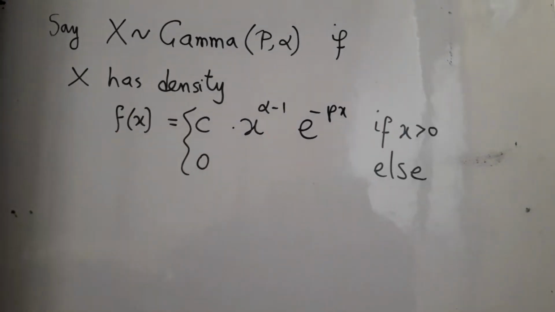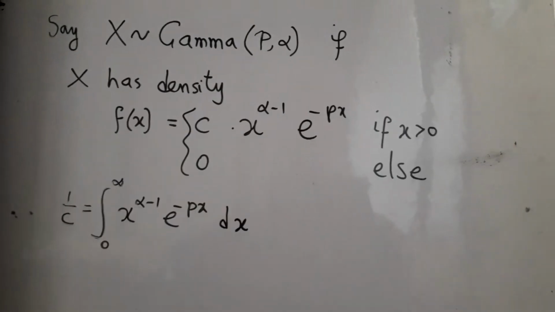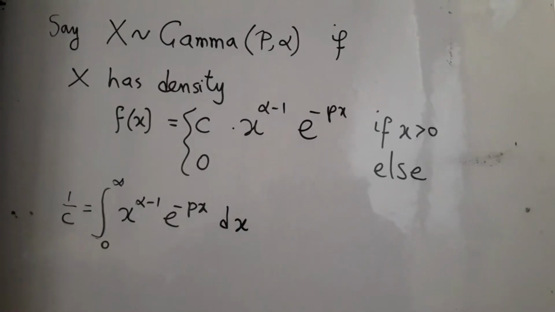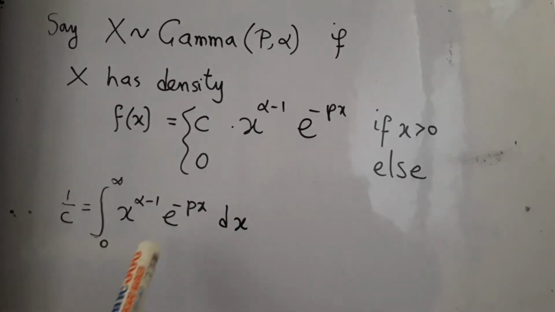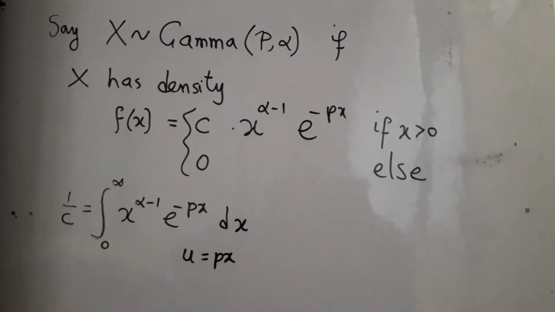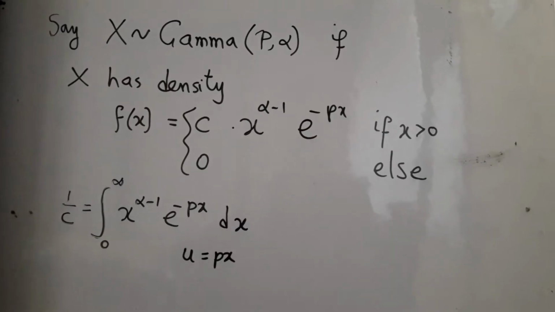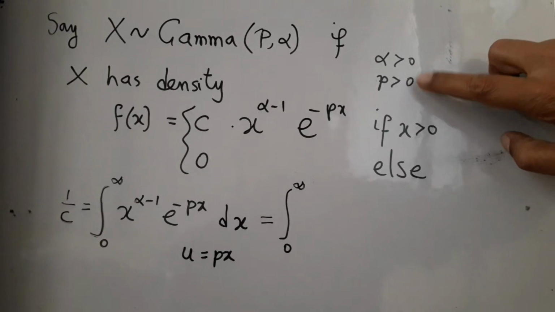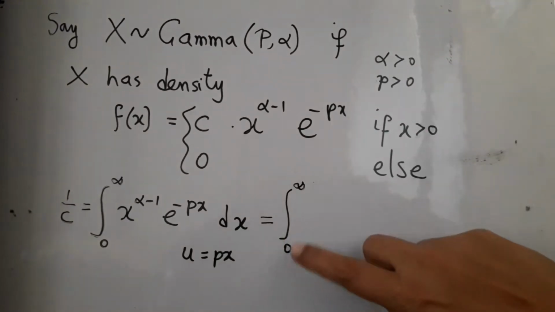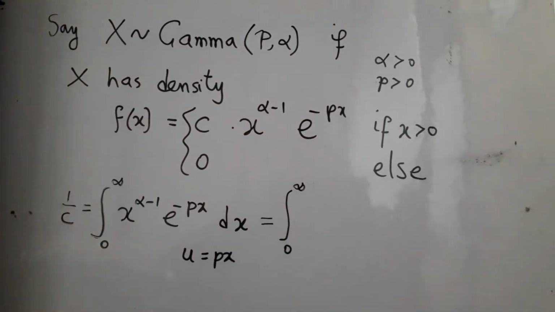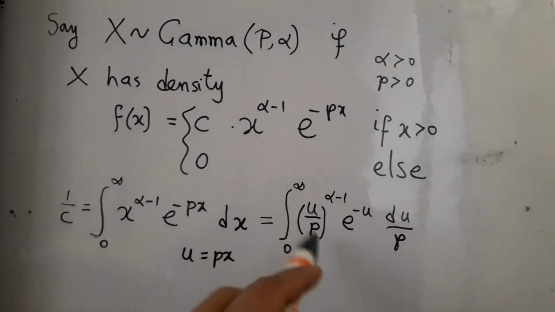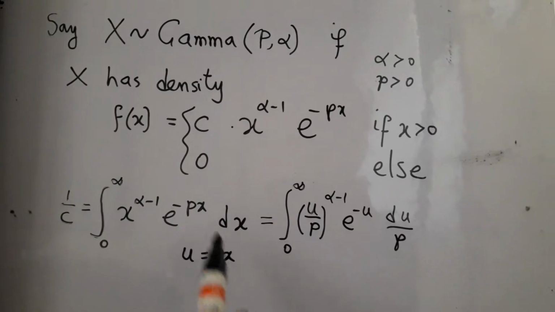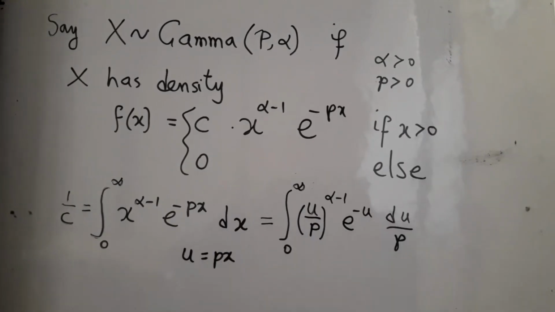Let's quickly compute this constant. C must be the reciprocal of the total integral. So, if I substitute u equal to px, then, by the way, we are working with alpha greater than 0 and p greater than 0, that's why this will remain 0 to infinity, u by p whole to the power alpha minus 1, then this becomes e to the power minus u, dx becomes du by p.